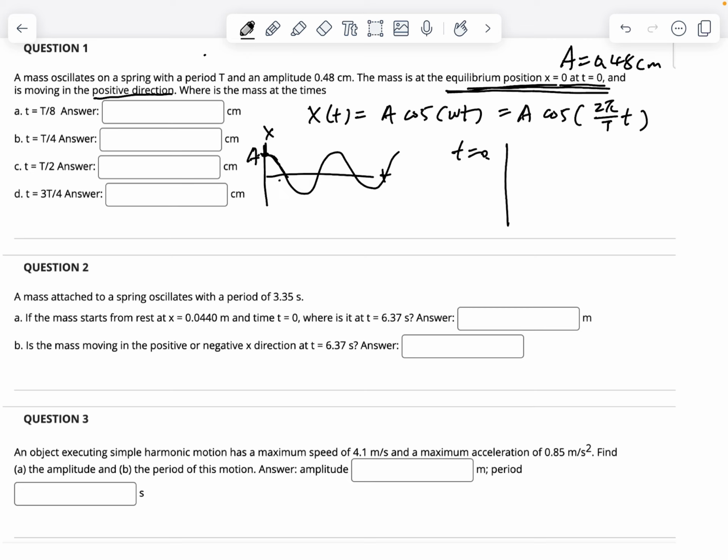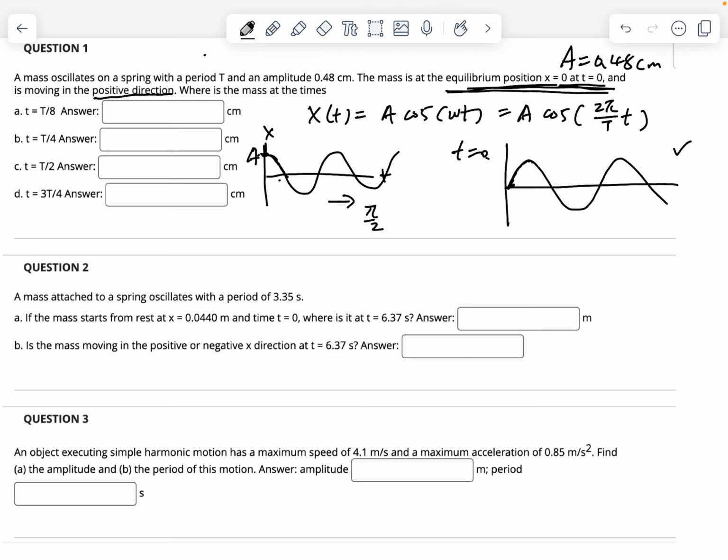However, if we shift this curve to the right by pi over 2, then you get this. Shift to the right by pi over 2. You see, when t equals 0, x is 0, and then it moves in the positive direction, so at the next moment the displacement increases. So this is the right curve.